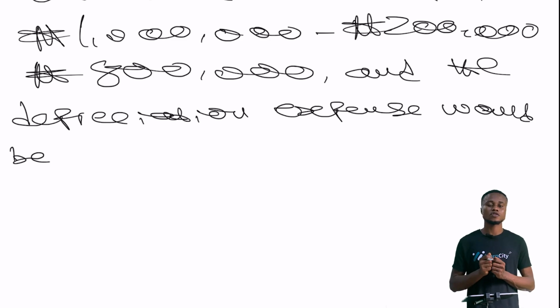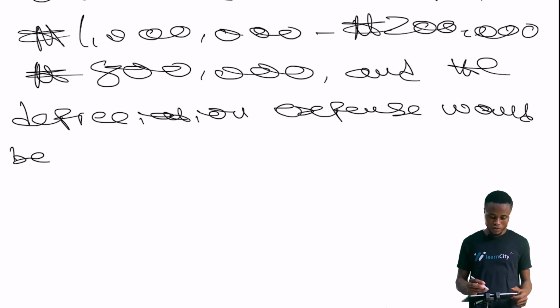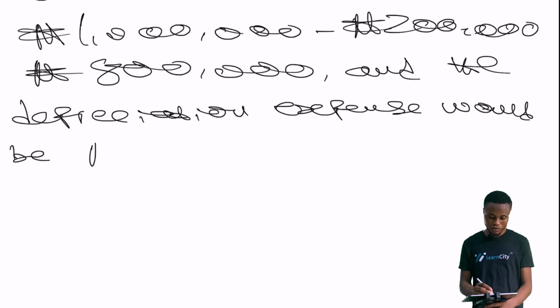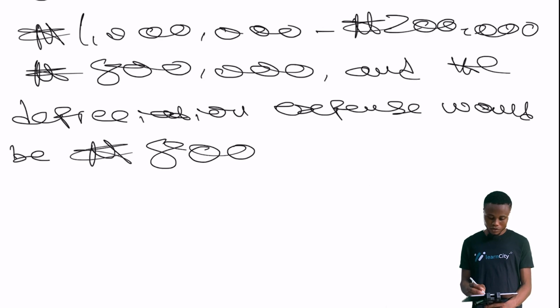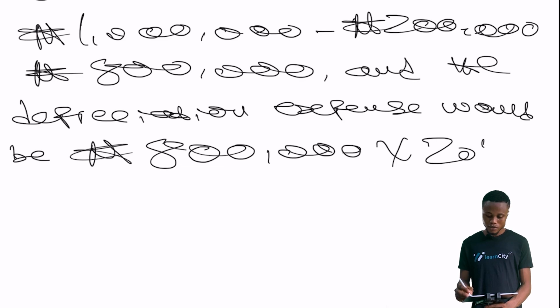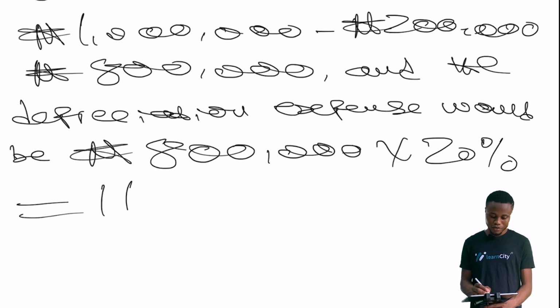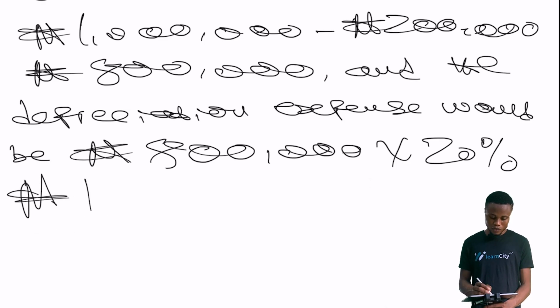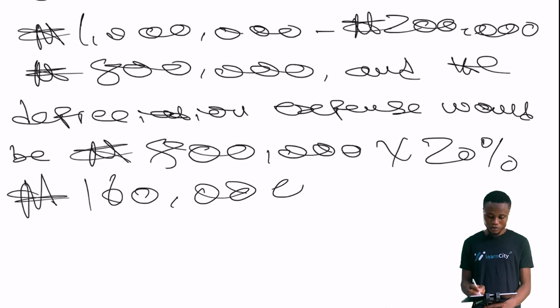So 20% of 800,000 is what? You're going to get 160,000 naira. So you're going to write 800,000 naira multiplied by 20%, otherwise 0.2. So you're going to get, sorry, let me clean this. You're going to get 160,000 naira. So we've already done that.